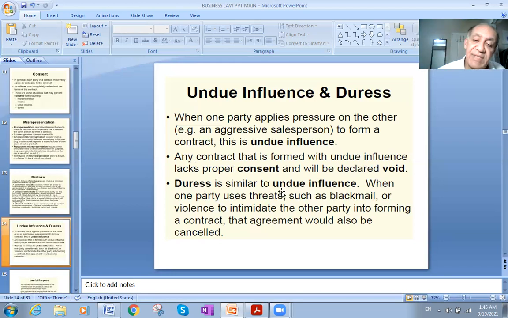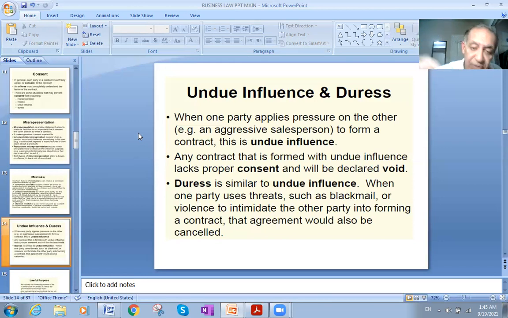Duress is similar to undue influence, the same. Duress has the same meaning, when one party uses threats, such as blackmail. Okay, you will sign or I will show these pictures to blah, blah, blah. You will sign or I will do like this. I'm threatening you to sign for the contract.